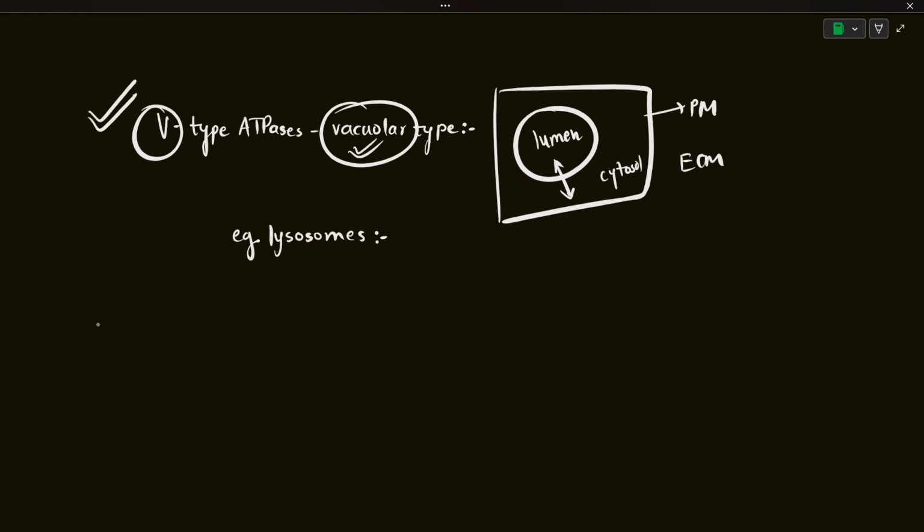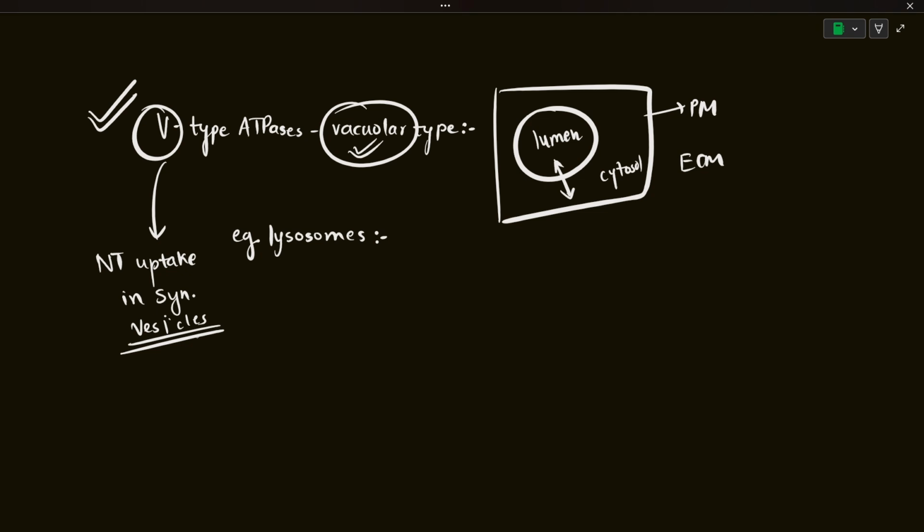They are also present on endosomes and on the synaptic vesicles, because in the synaptic vesicles you need to take neurotransmitter in, and that is how the V-type ATPases also help in neurotransmitter uptake. So this is how they have multiple functions.